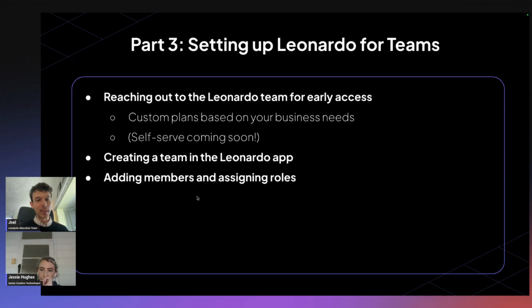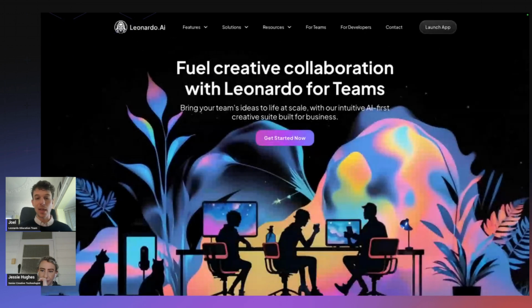I'll walk you through really briefly how to create a team within Leonardo and what that looks like. And then I'll show you how to add members and assign roles within the app. So this is what you'll see on our website when you navigate to Teams plans.